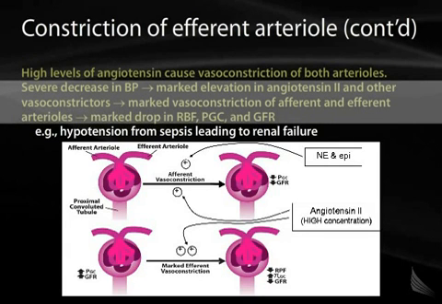Severe decreases in blood pressure, although there are marked elevations in angiotensin II and other vasoconstrictors, lead to marked vasoconstriction of both the afferent and efferent arterioles, and there's a marked drop in renal blood flow, glomerular capillary hydrostatic pressure, and GFR. So while angiotensin II at low to moderate concentrations allows for the preservation of GFR, this compensatory mechanism too can be overwhelmed.